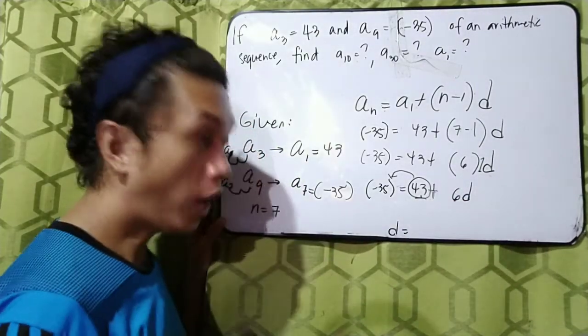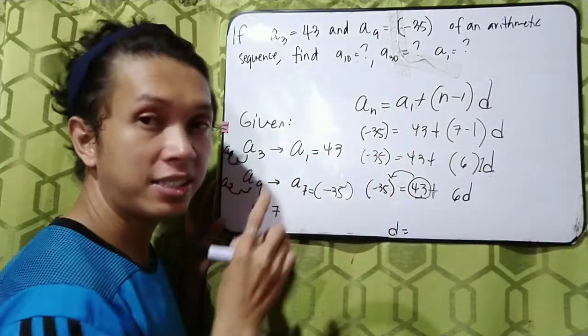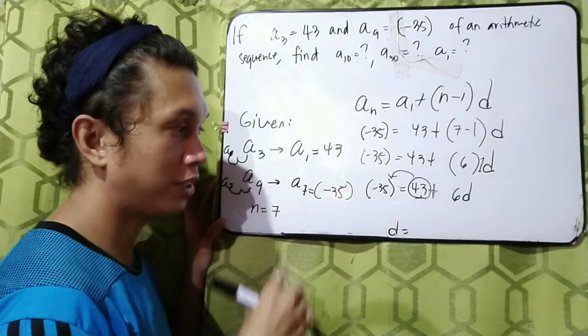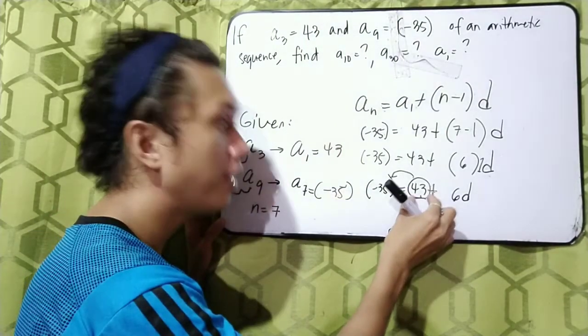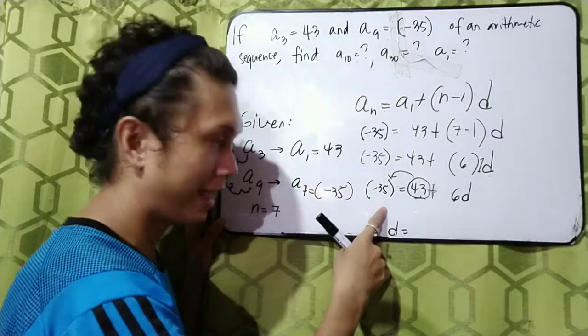Again, when a term is moved to the other side, its sign will be changed to its opposite. So from positive, this now becomes negative as it arrives at the other side.